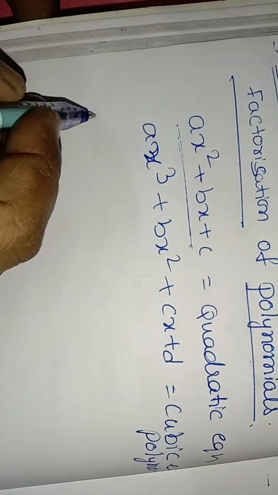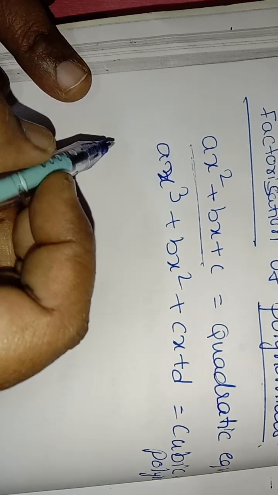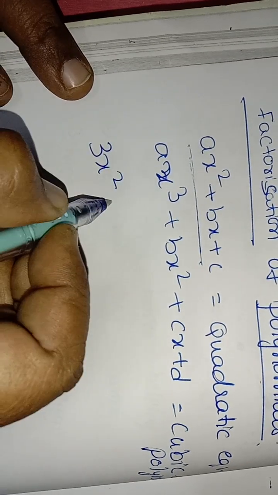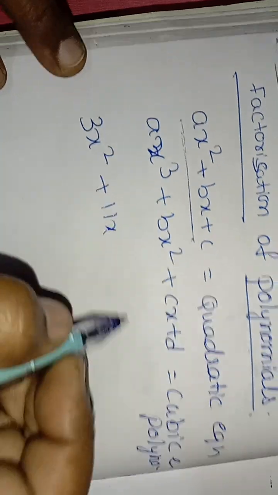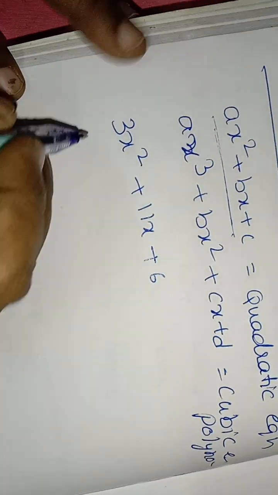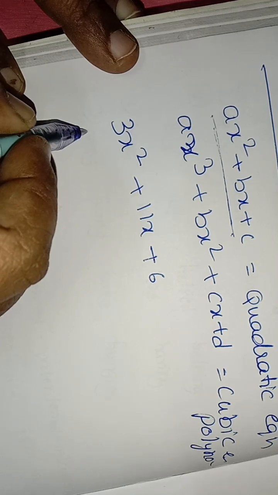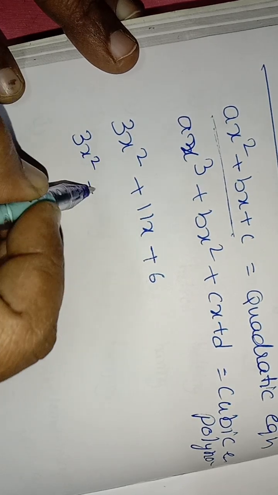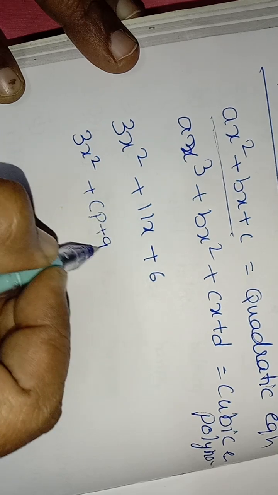Here we have a simple question: 3x square plus 11x plus 6. It should be in the form of 3x square, and suppose I am taking two terms.